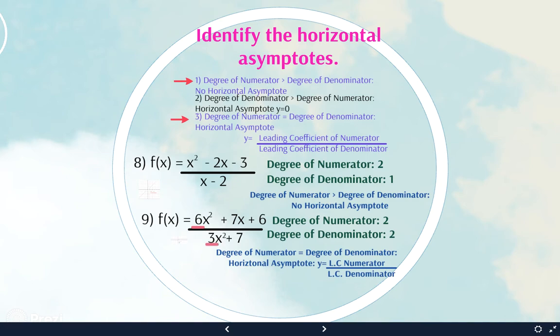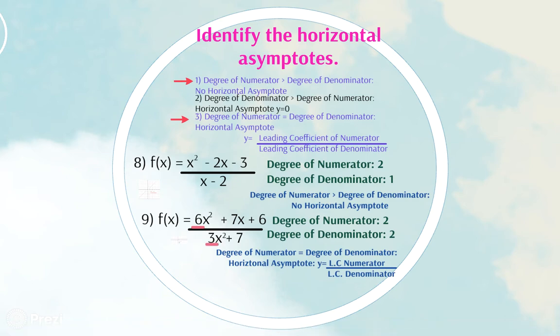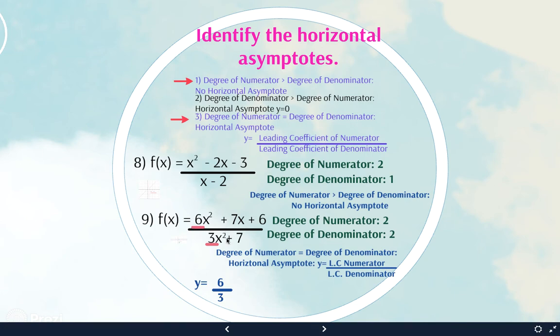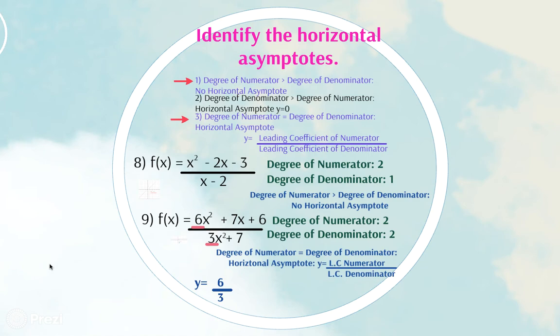So the leading coefficient is the 3. So all you gotta do is take the 6 and divide it by the 3. You just divide the leading coefficient of the numerator by the leading coefficient of the denominator, which is 6 divided by 3 equals a 2. So our horizontal asymptote is just y equals 2.